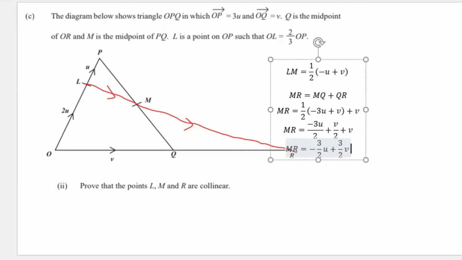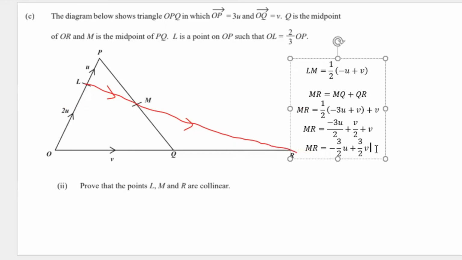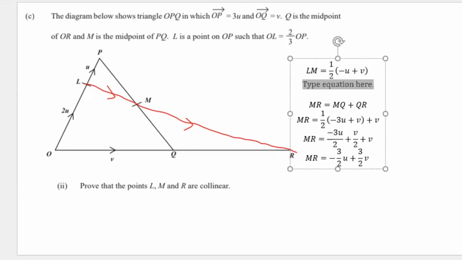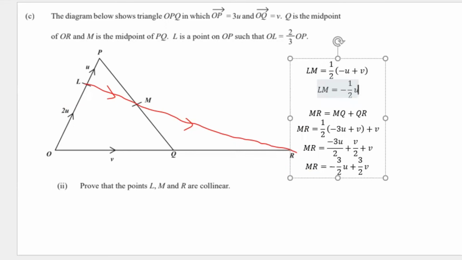So this is what is being expressed here when you simplify. Now if you look at this, comparing with LM, if we expand LM here, we'll have minus a half U plus a half V. When you compare these two equations, all that happened was that MR is equal to 3, so let's factorize and take out 3 here.